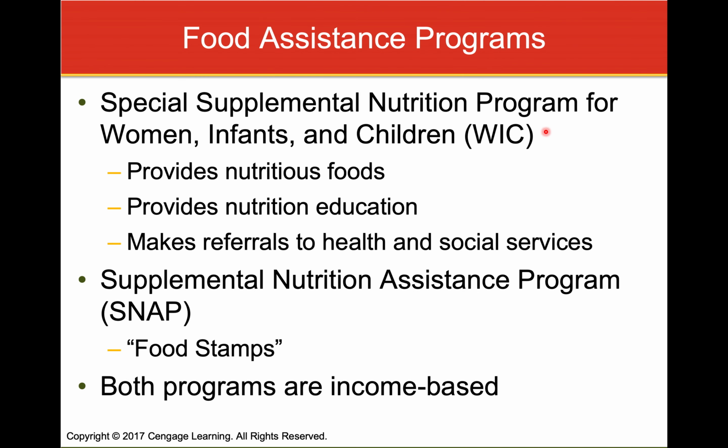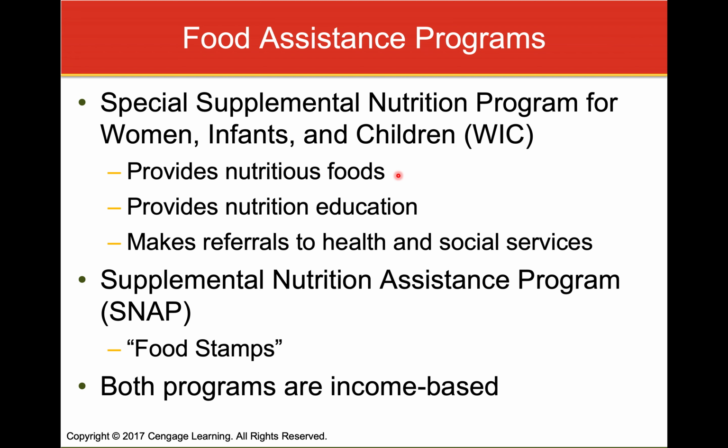Since meeting these nutrient needs is very important for the health of not just the mother but also the infant, there are various government programs that assist in helping pregnant mothers and new mothers to have adequate access to food. The first one here is the Special Supplemental Nutrition Program for Women, Infants, and Children, also called WIC.